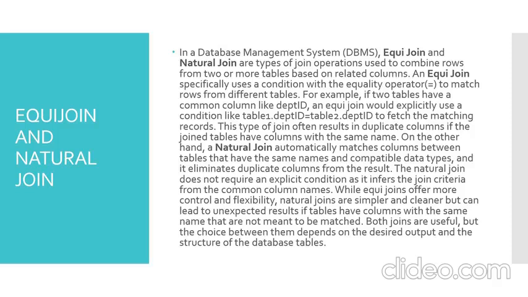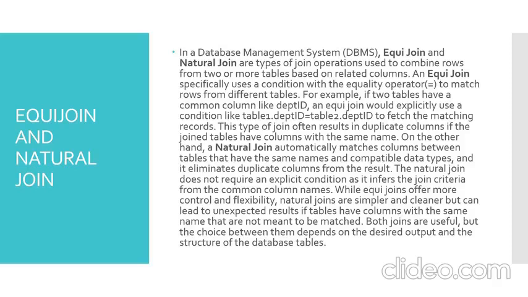Moving to the equijoin and natural join part. In a database management system, equijoin and natural join are types of join operations used to combine rows from two or more tables based on related columns. An equijoin specifically uses a condition with the equality operator to match rows from different tables.